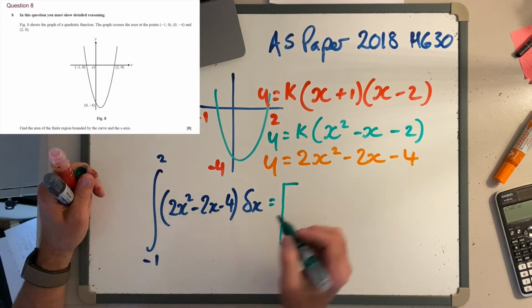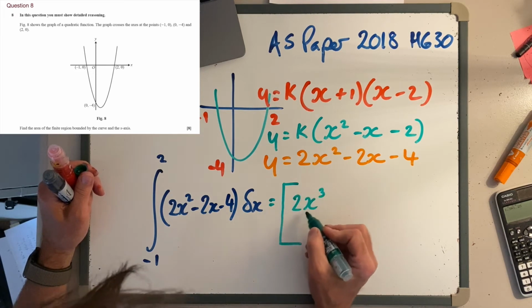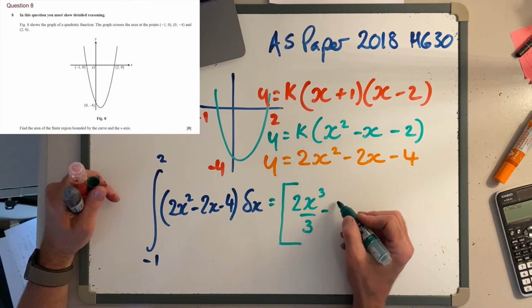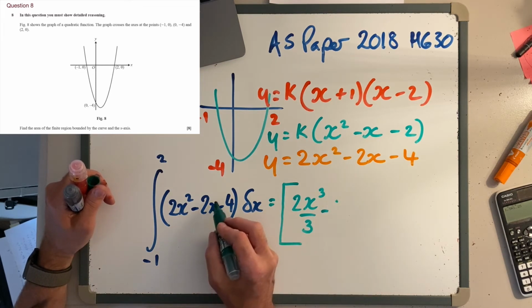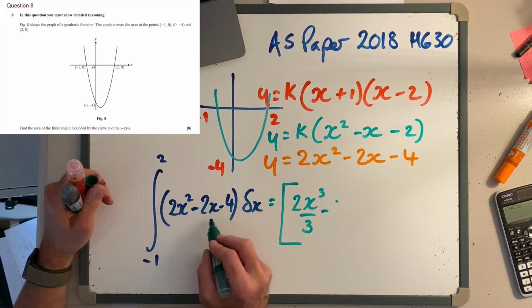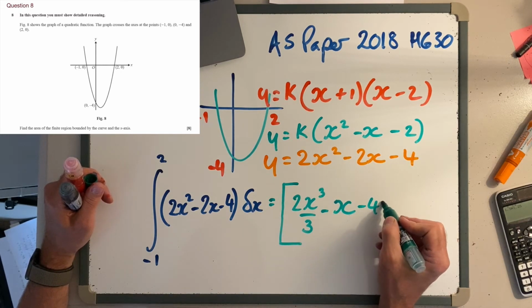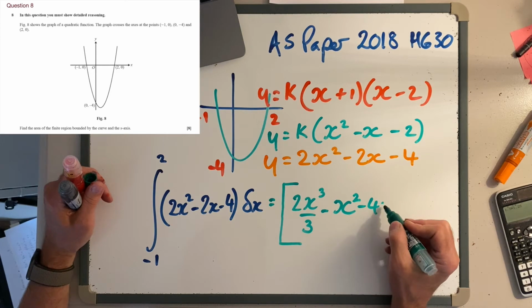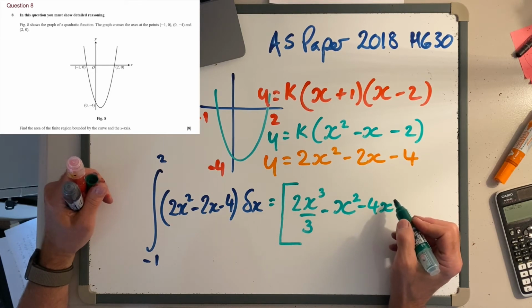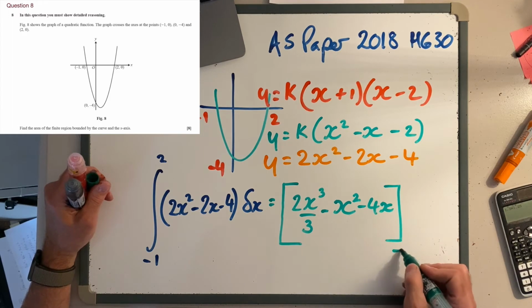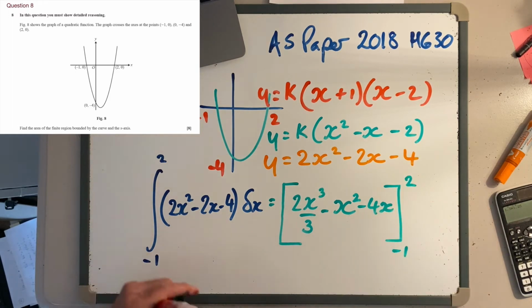So that becomes 2x cubed over 3, minus, x squared over 2 so it literally becomes just minus x squared, then that's 4x. So that should be easy, -1 and 2.